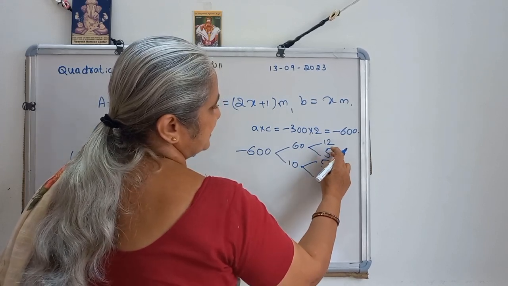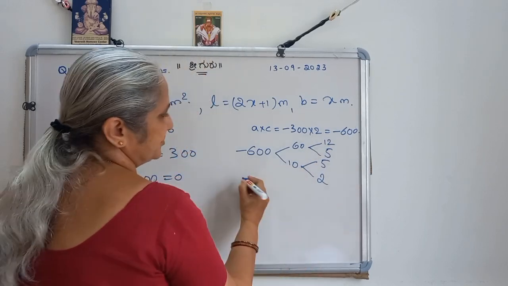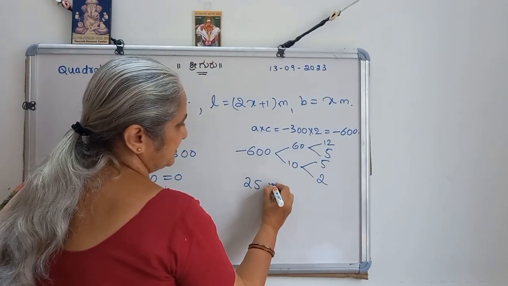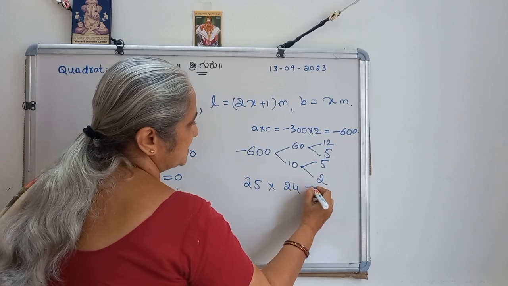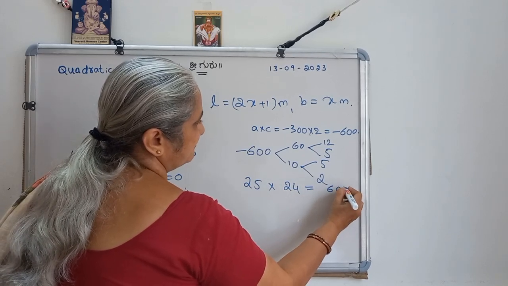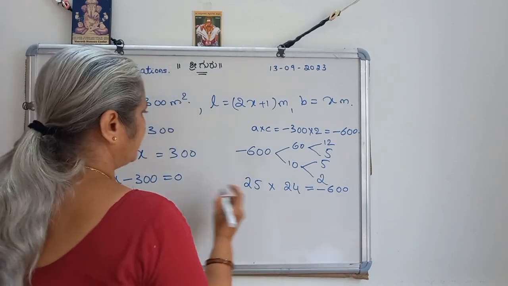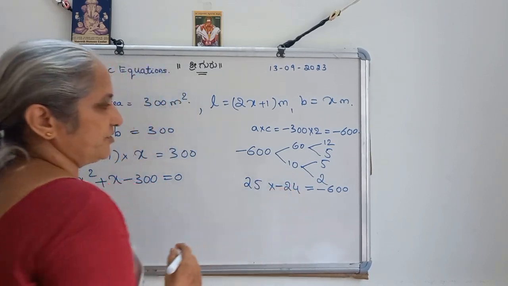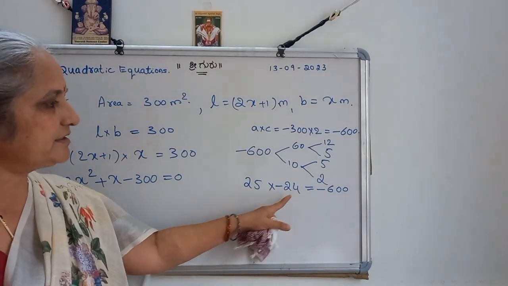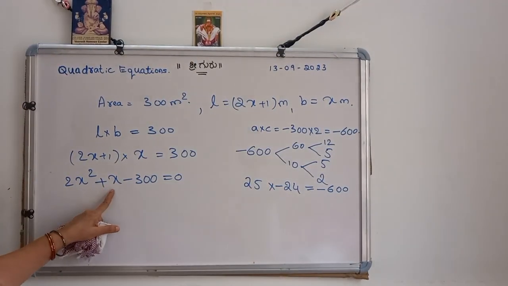So 5 5s are 25, 12 2s are 24. 25 into 24 is equal to 600. But we have minus 600 as the product. We have to take the minus sign for 24. So that if you add these two factors, we will get plus 1.